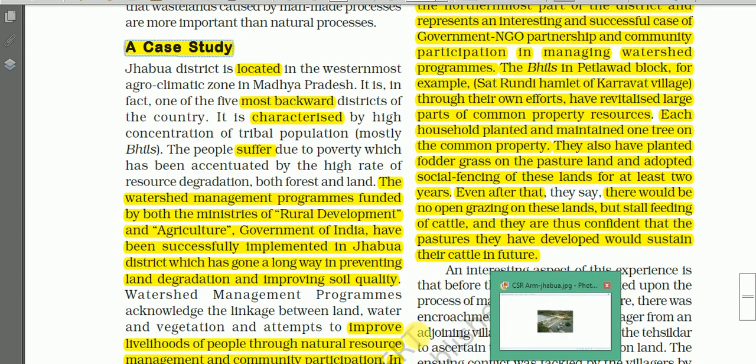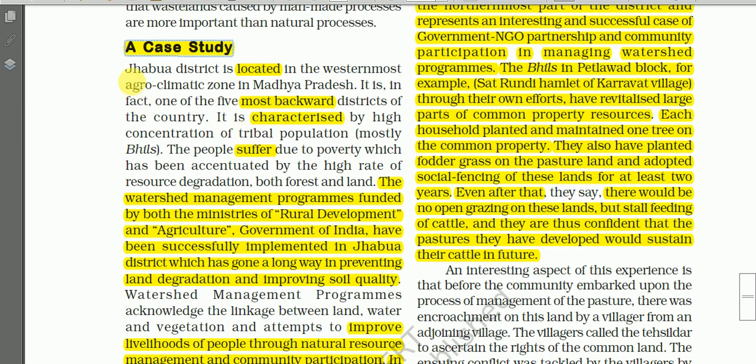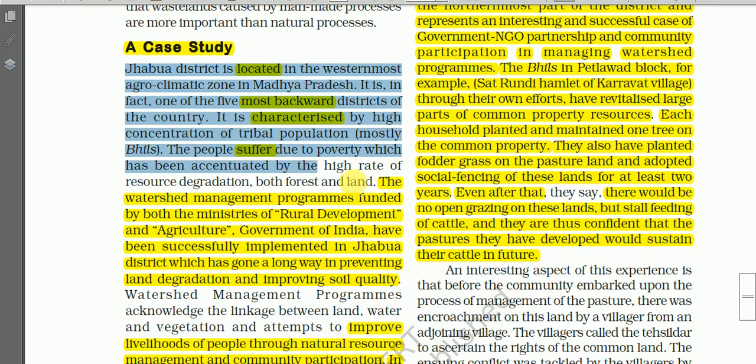And here let us read. This is the introduction of the Jhabua district. Jhabua district is located in the westernmost agroclimatic zone in Madhya Pradesh. It is in fact one of the 5 most backward districts of the country.